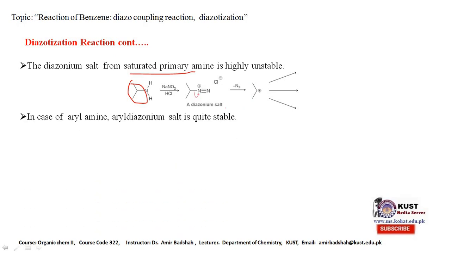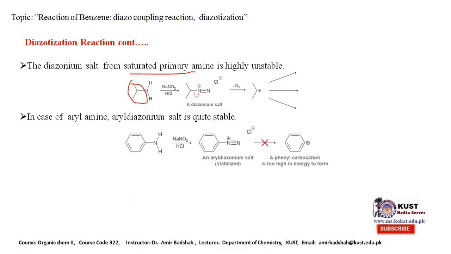But in the case of an aryl amine or aromatic amine, the diazonium salt is quite stable. As shown here, the aryl diazonium salt is made. Why is it so? Because the resultant carbocation, the phenyl carbocation, is very highly energetic and very highly unstable.